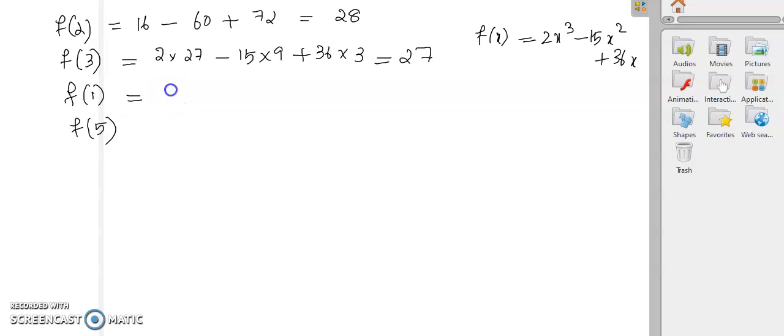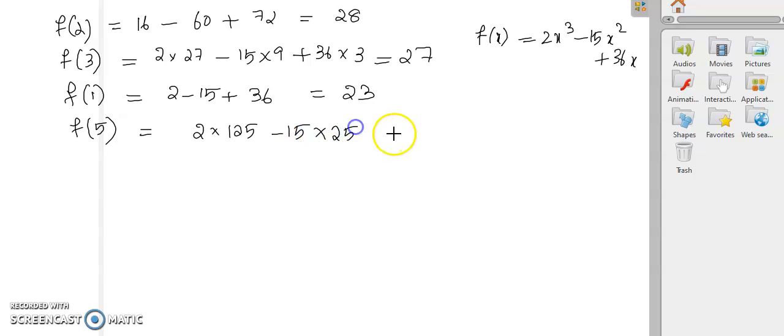f(1) will be 2 − 15 + 36, so we will get 23, and f(5) is 2 × 125 − 15 × 25 + 36 × 5. Upon solving you will get 55.